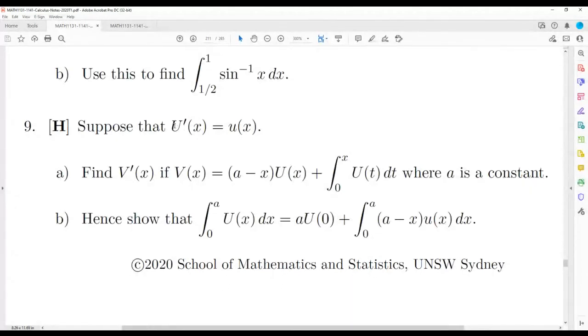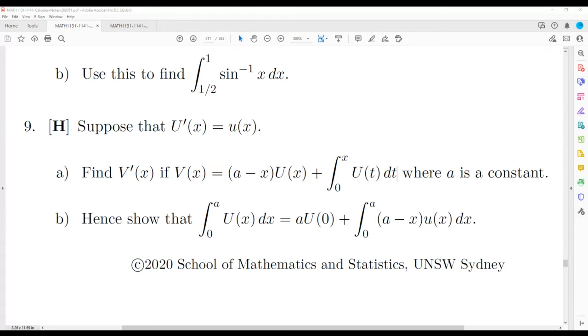Suppose you have two functions, and basically capital U is an antiderivative or a primitive of little u. You've got this expression for capital V, where a is a constant. What is the derivative? And hence show that. Okay, so what do you think?